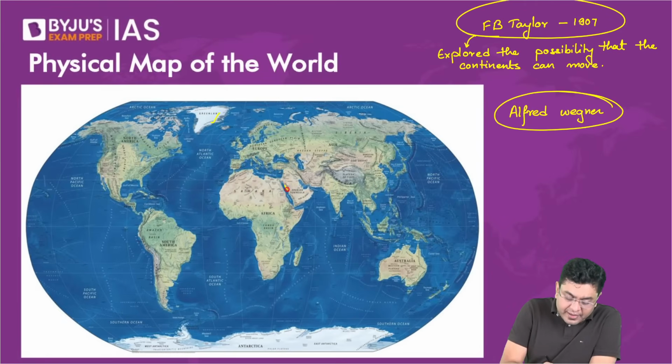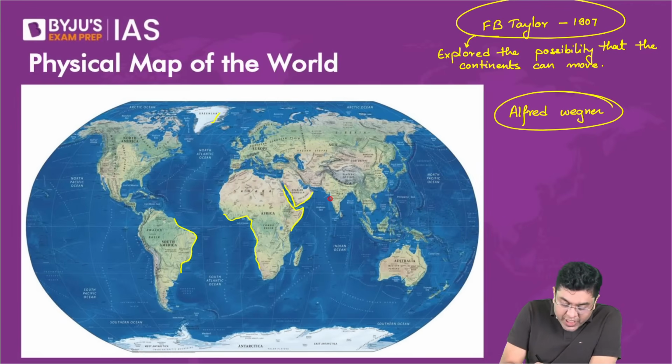If you take a look at the shape of the Arabian Peninsula and the shape of the Horn of Africa, the shape resembles quite significantly. And also, if you take a look at the eastern part of South America and the western part of Africa, the shape is strikingly similar.